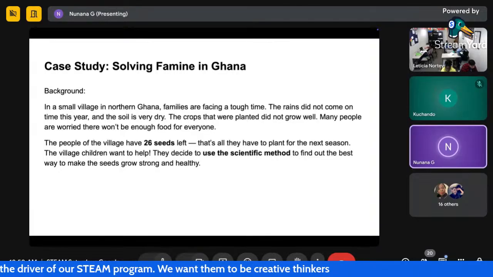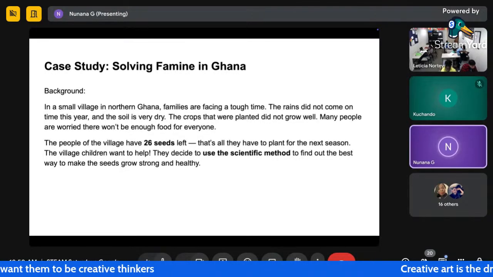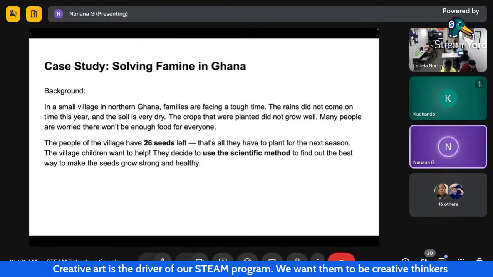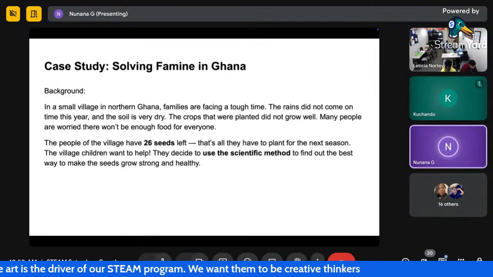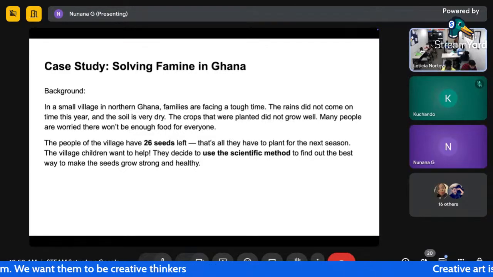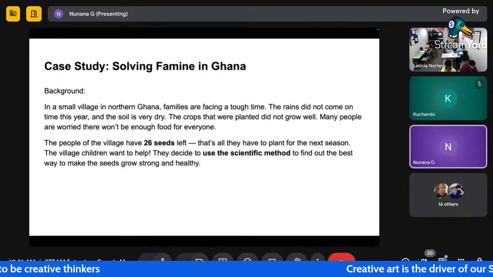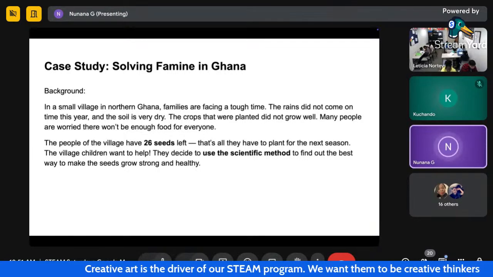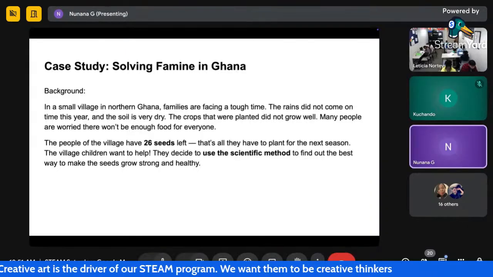They need to make sure that there's enough food for everyone, and they're worried. They know that beans grow fast, so they need to make a way to grow beans. And luckily, they have 26 seeds left. So they had to decide how they can make the bean seed grow fast for everyone in their village to have food to eat.